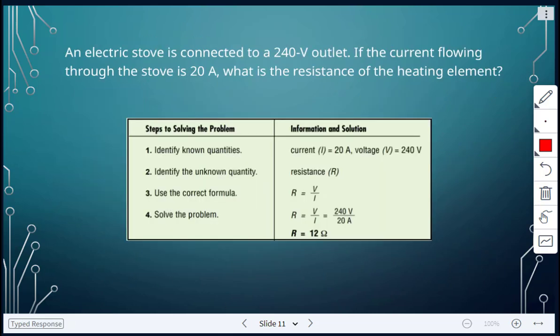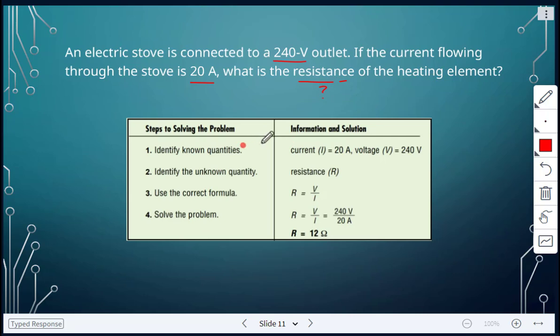All right, for this example, we know that the stove is connected to a 240 volt outlet, so that is our voltage. The current flowing through the stove is 20 amperes, so that is our current, shown as I in the formula. And what is the resistance? That is what we are trying to find.